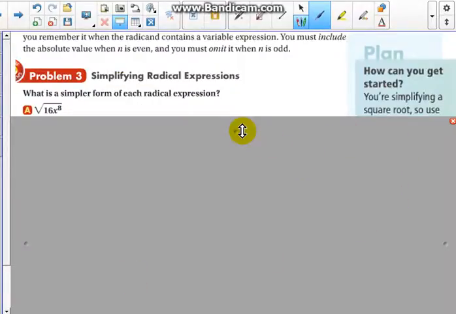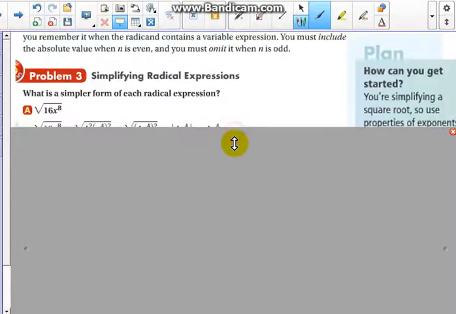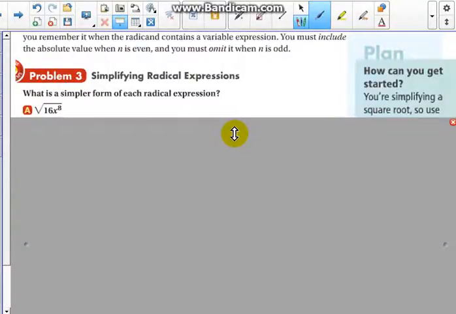Problem 3. When the radicand contains a variable expression, you must include the absolute value when n is even and omit it when n is odd. So we have to look at simplifying radical expressions. What is the simpler form of each radical expression? Here we've got: what is the square root of 16x to the 8th power?